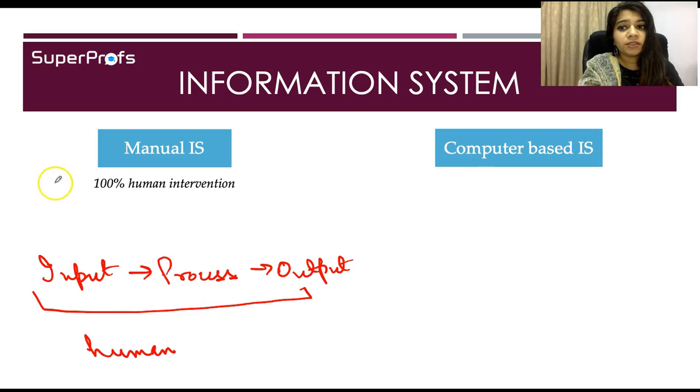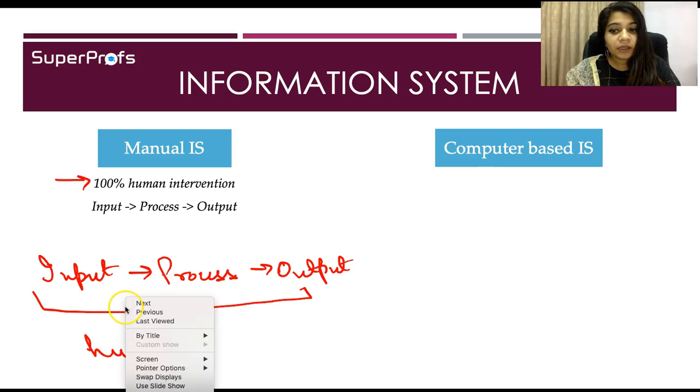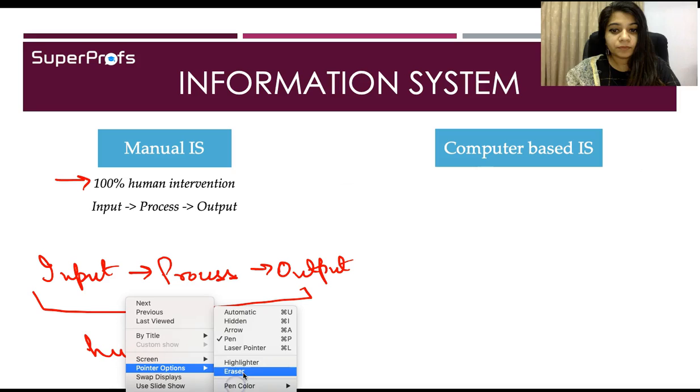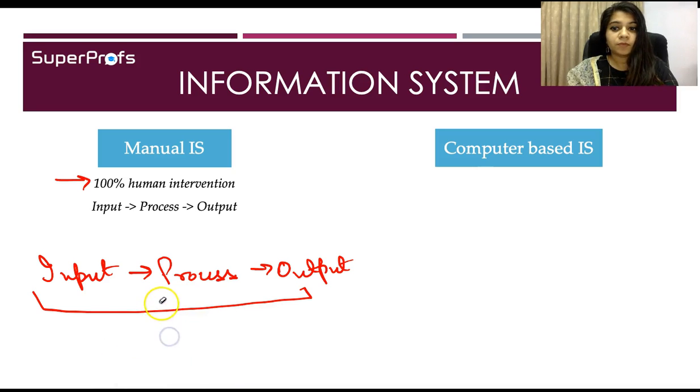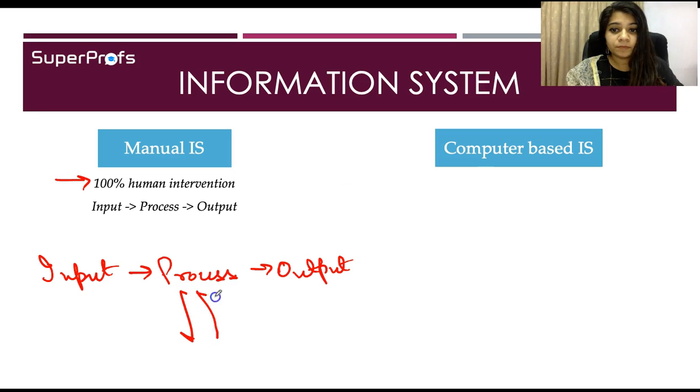All right, because each and every step is being directed by humans. However, if the complete process of information, process, output, then there is your feedback, there is also storage.